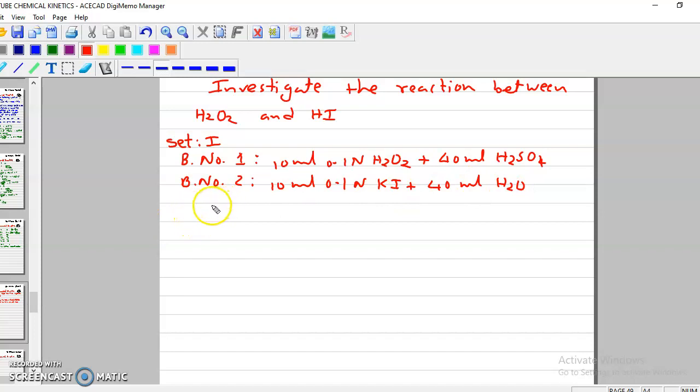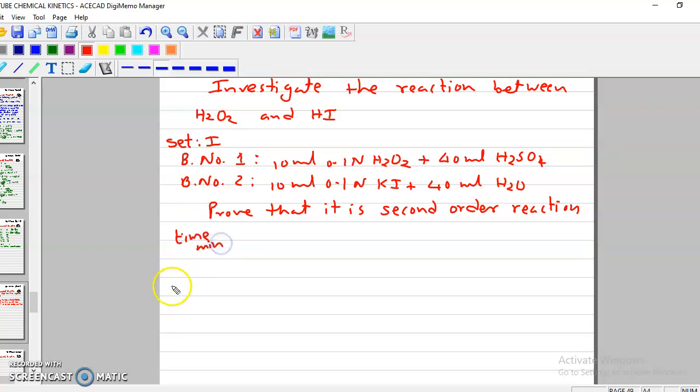Now we have to prove that this is a second order reaction. And you are given a table, time in minutes, and burette reading, that is volume of sodium thiosulfate.